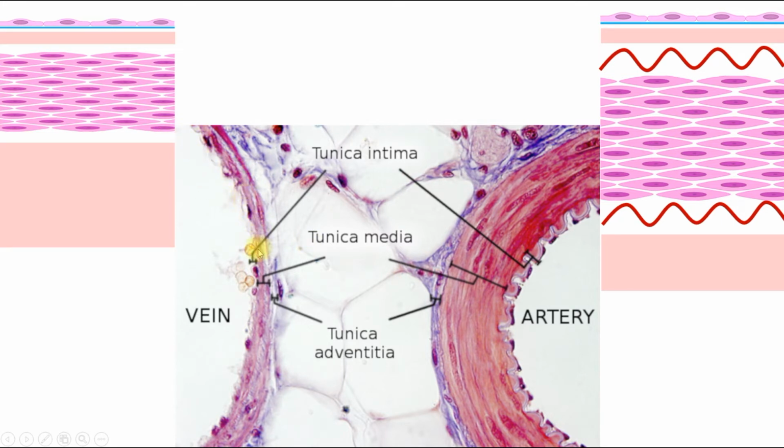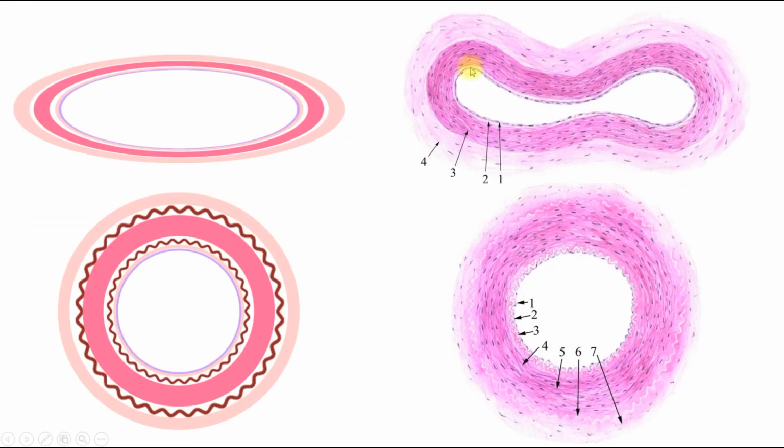Veins don't have elastic membranes, that's why they have a smooth inner contour of the lumen. Because veins don't have elastic membranes, they are collapsed, because elastic membranes maintain the round shape of arteries. Usually arteries are oval or round on the cross section in the histological slide, but veins usually are collapsed. That's why veins usually have this shape on the section.